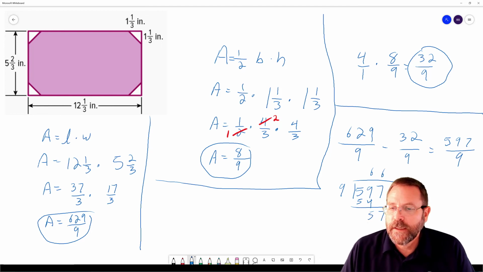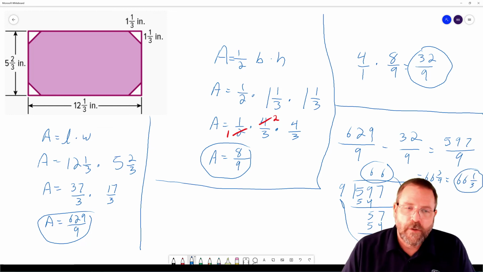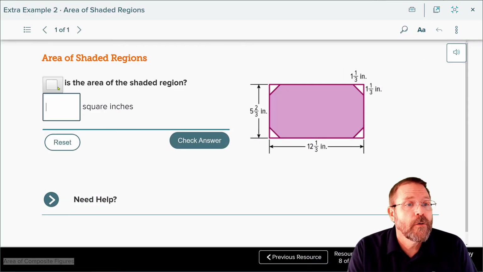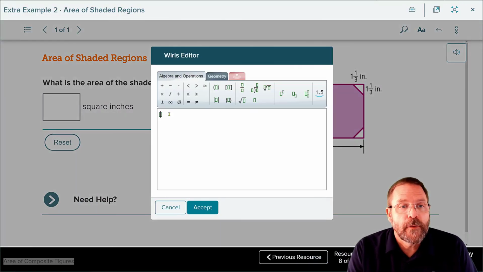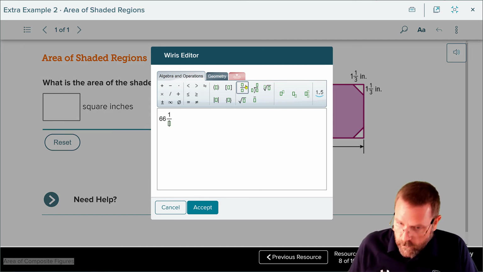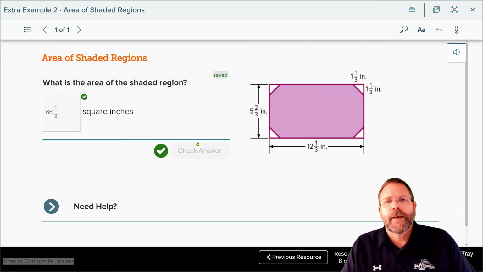It's going to be 6 again, which is 54 again, with 3 left over, so 66 and 3/9, also known as 66 and 1/3, which would be our final answer for that rather complicated problem. Jump back over here, type it in as a mixed number, 66 fraction 1 over 3, and accept, and check, we get a happy sound.